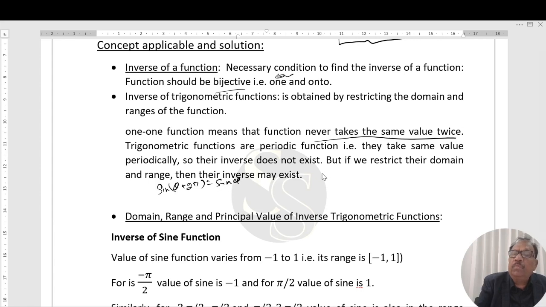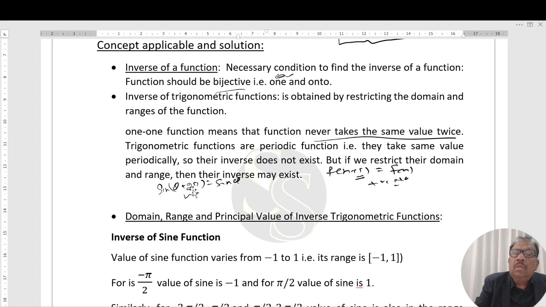For a periodic function, f of x plus T equals f of x, where T is the minimum possible positive number. Sine is periodic with period 2 pi.